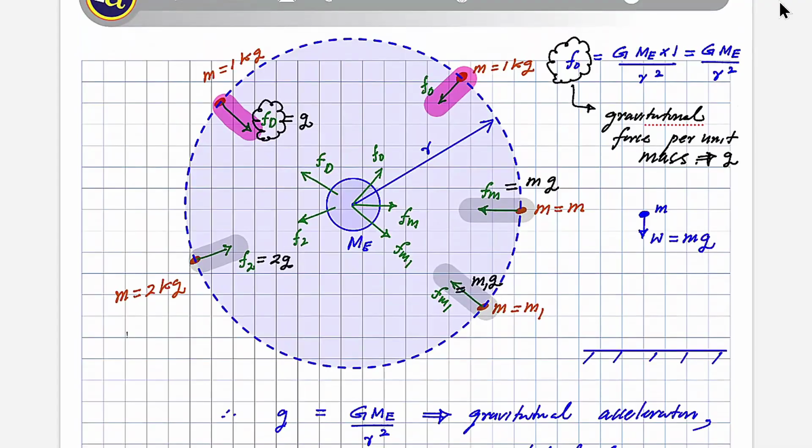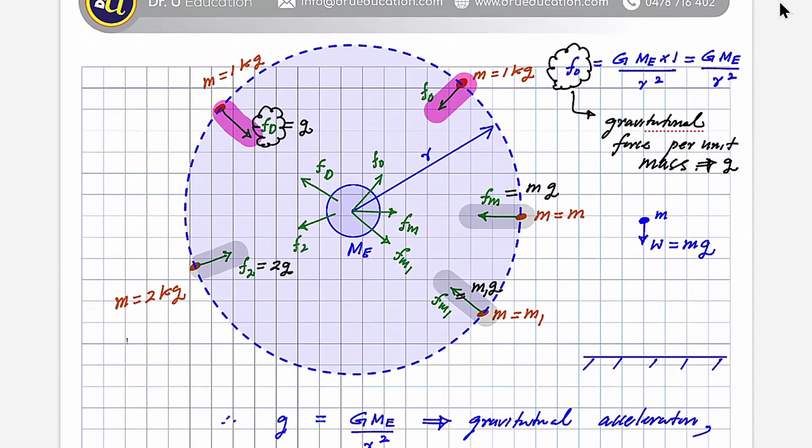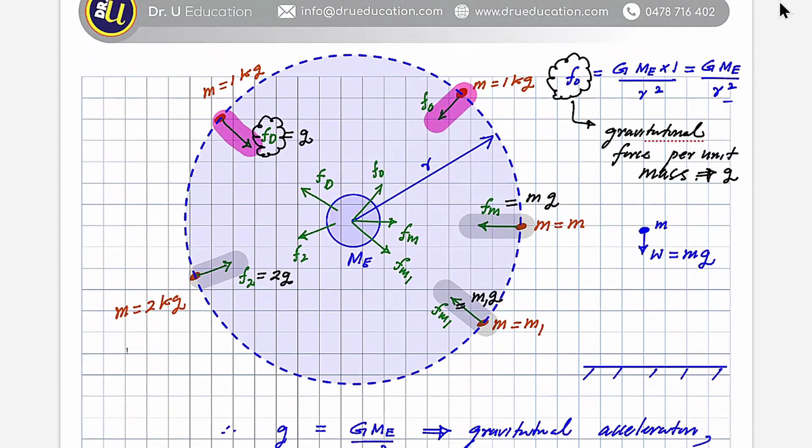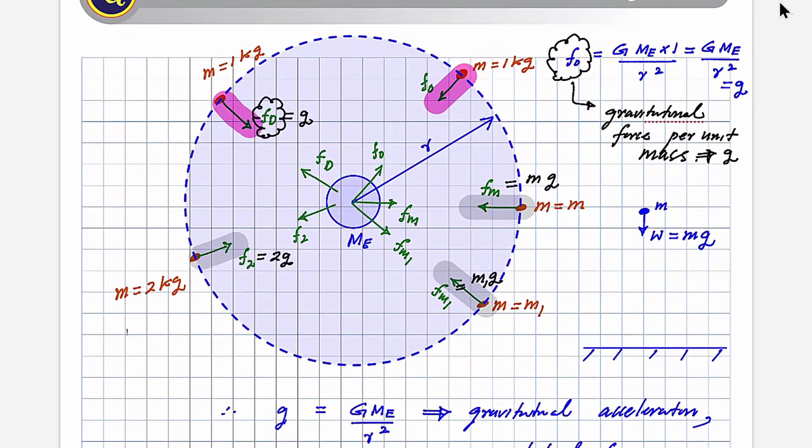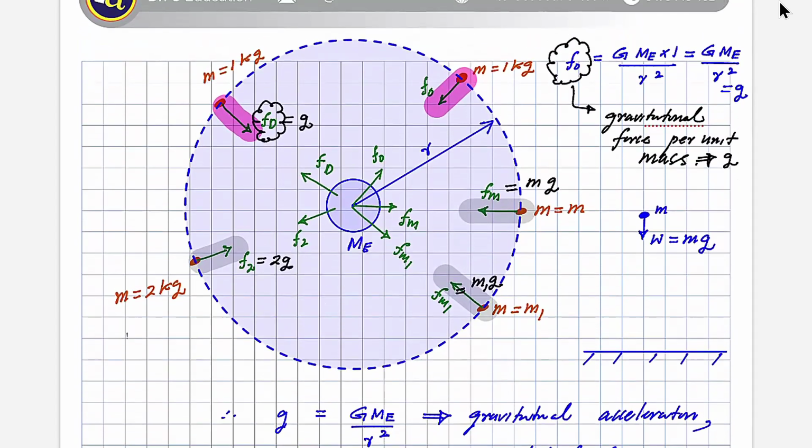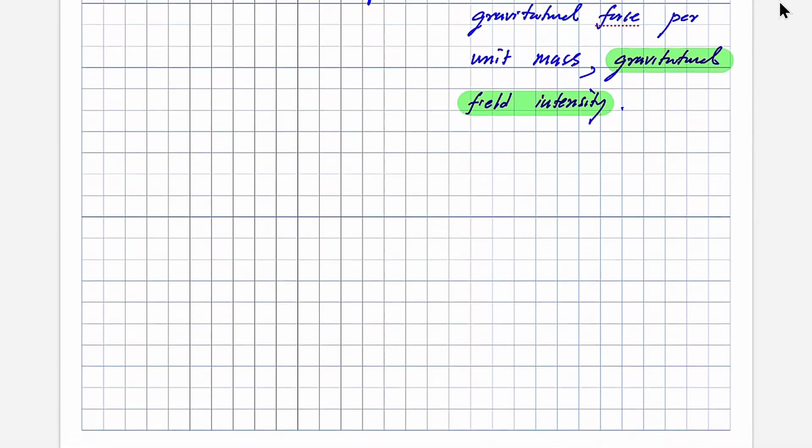You go to that gravitational field intensity, which is G. So this is nothing but G now, and that is nothing but G. So accordingly, we have mg, m1g, 2g, and all those things. Let's try to think about G now.